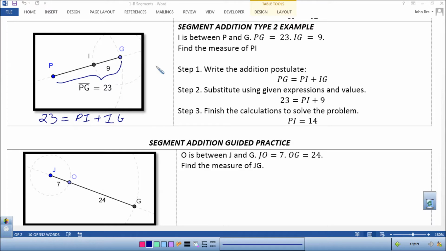And I have a value for IG, so I can replace IG with its value, 9. And then when I subtract 9 from both sides, I get 14. So here you see the substitution step. IG is 9, PG is 23, and then 23 minus 9, of course, is 14.